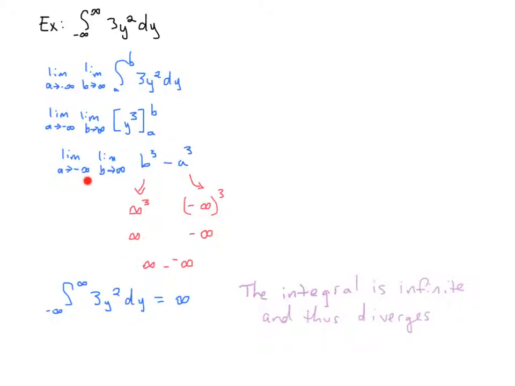And then negative infinity, same thing, we have negative infinity cubed, which is still negative infinity, and then we have a minus sign here, so infinity minus negative infinity, which gives us really infinity plus infinity, which is just infinity. So our integral from negative infinity to infinity of 3y squared dy is infinity, which means that our integral is infinite, and so it diverges.